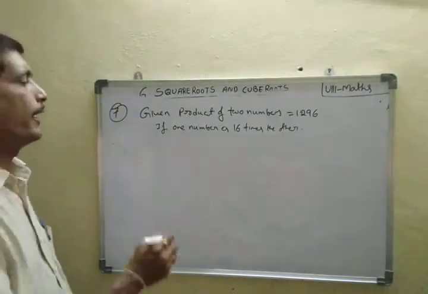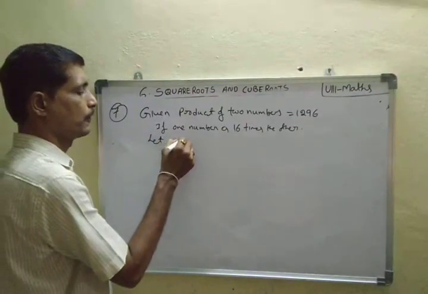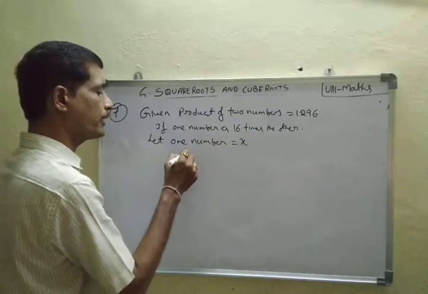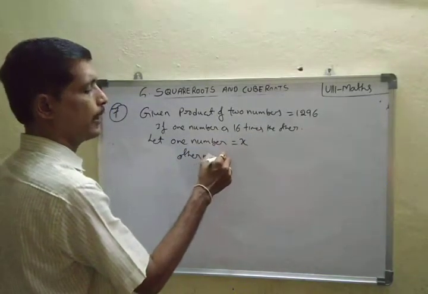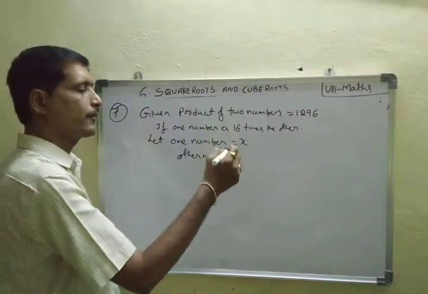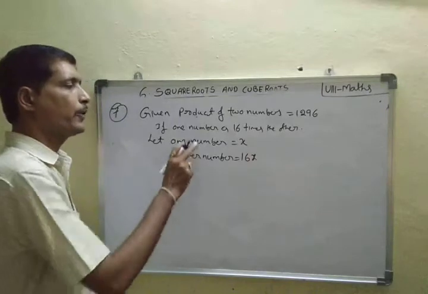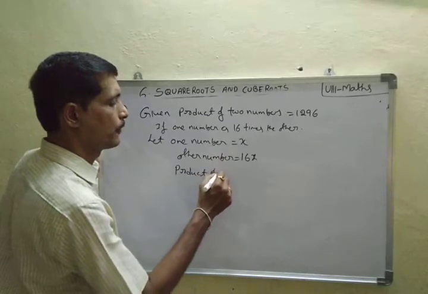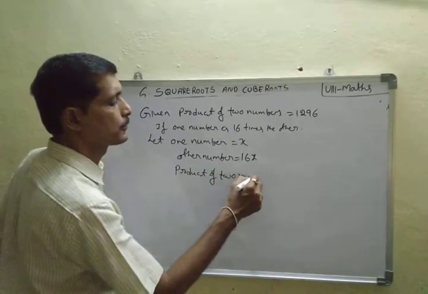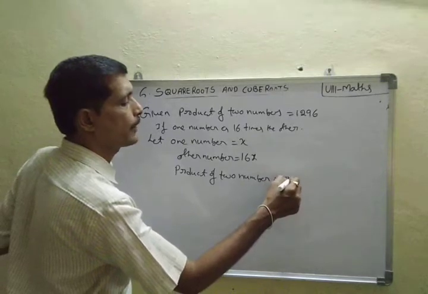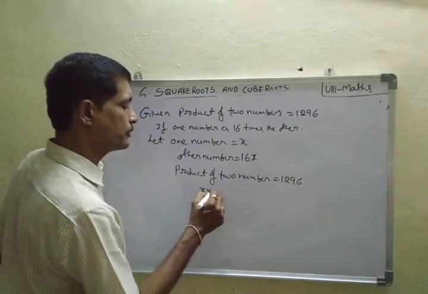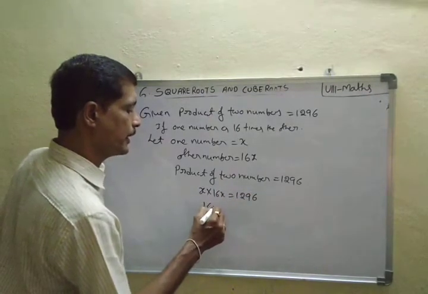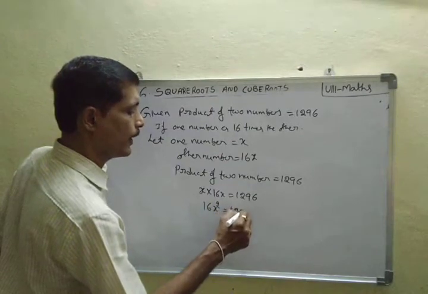Let one number equal x. The other number is 16 times the other, therefore 16x. The product of the two numbers equals 1296. So x into 16x equals 1296, that is 16x square equals 1296.